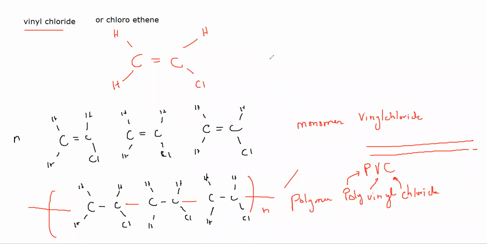So if the polymer is given and you have to identify the monomer, just take the first two carbon atoms and draw the same structure, place a double bond, that will be the monomer. This is called addition polymerization. Why do we call it addition polymerization? Because there is only one product and that is only the polymer.